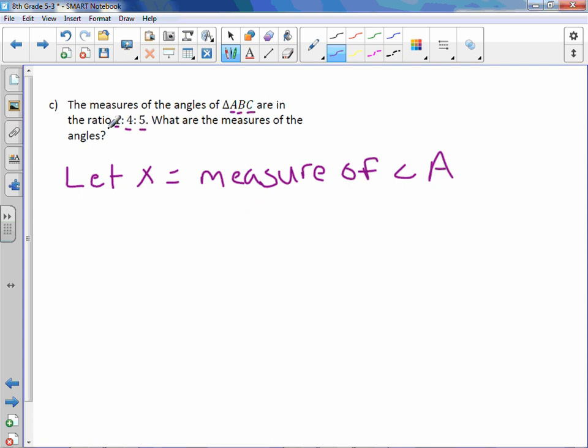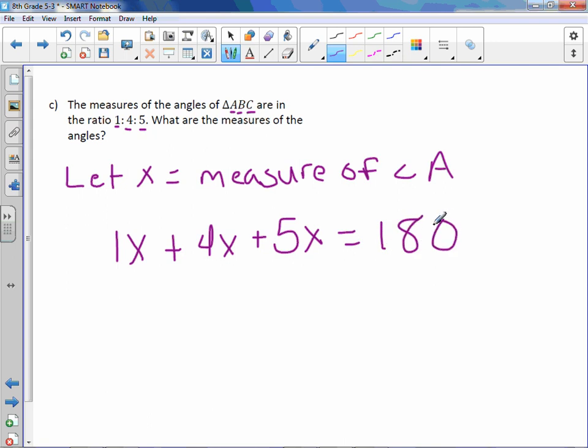So if I'm saying that x is A, 1x is A, and angle B is 4 times that, and angle C is 5 times that, I can come up with the following equation. More simply, put an x with all of these numbers in the ratio, add them up to be 180.